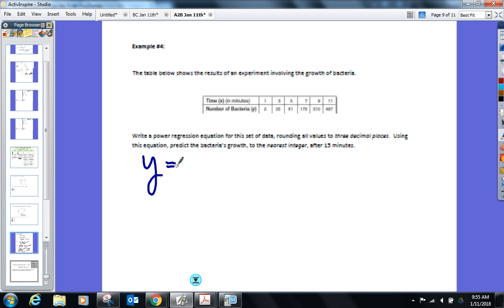Now, how many bacteria? 1,009 bacteria. Yep, 1,009 bacteria.